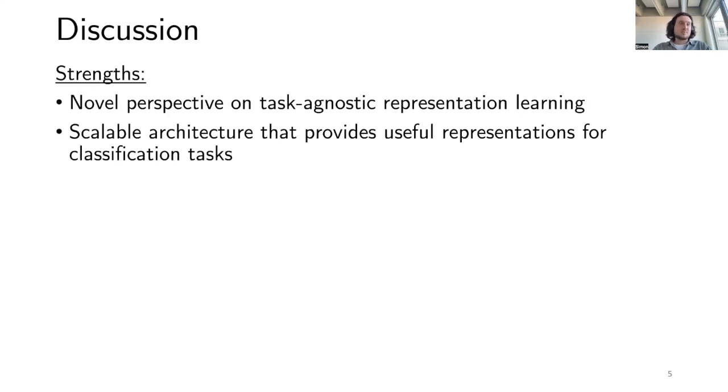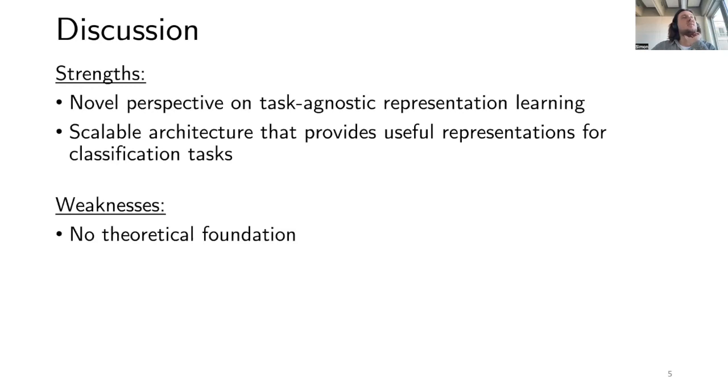Their architecture does provide useful representations for these classification tasks. There's no argument against that. But at least from my perspective, there might be a bit more weaknesses, or some of the weaknesses were more pronounced to me, or something to talk about, at least.